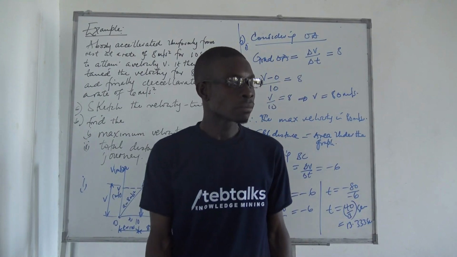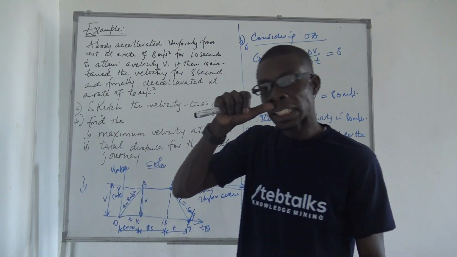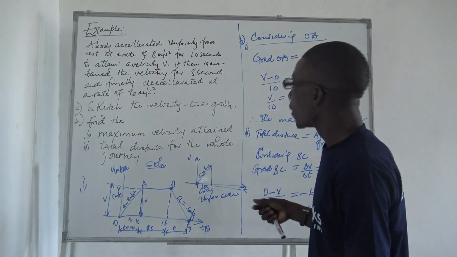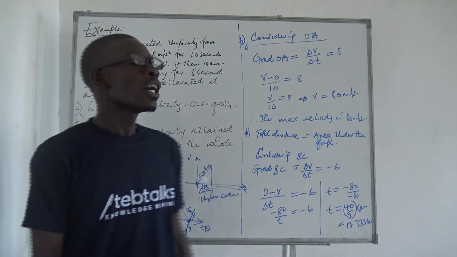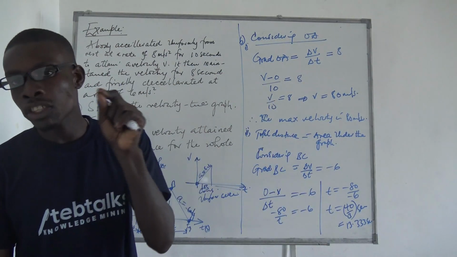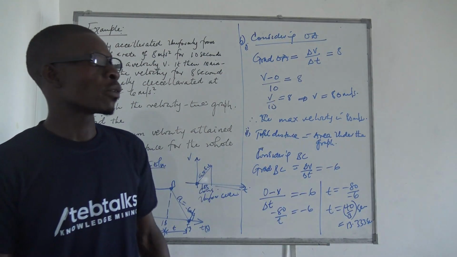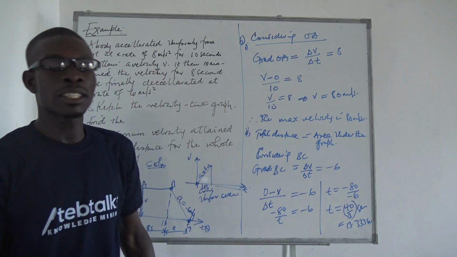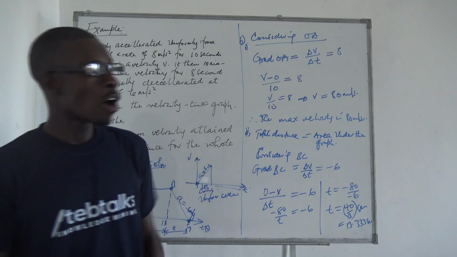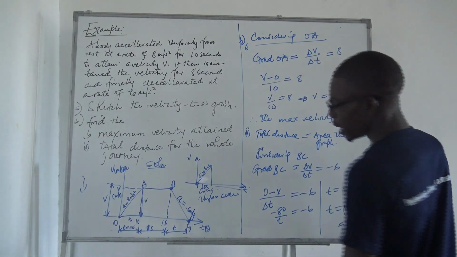And then also they told you that this body maintained that speed. It had a constant velocity. How do we draw a constant velocity for a velocity time graph? A constant velocity is the same as zero acceleration or the same as no acceleration.